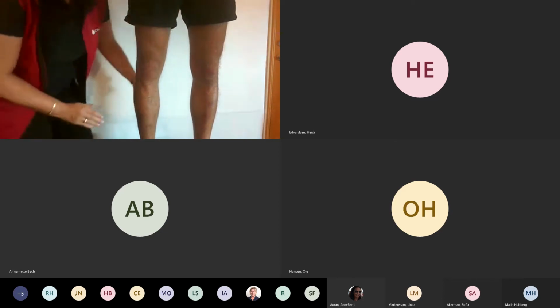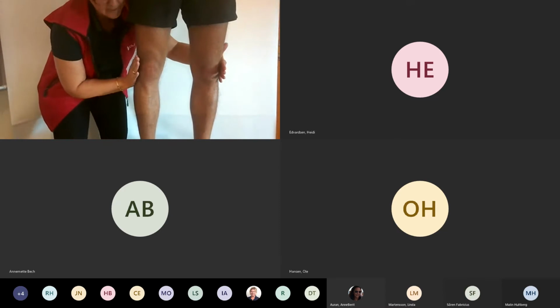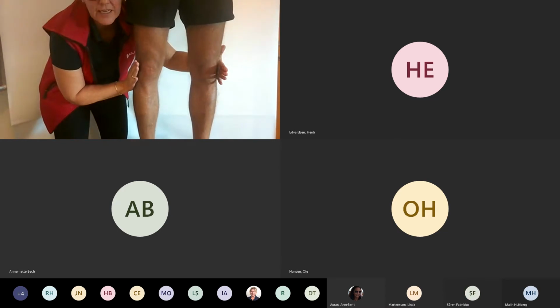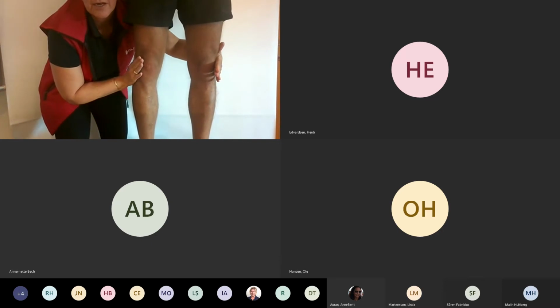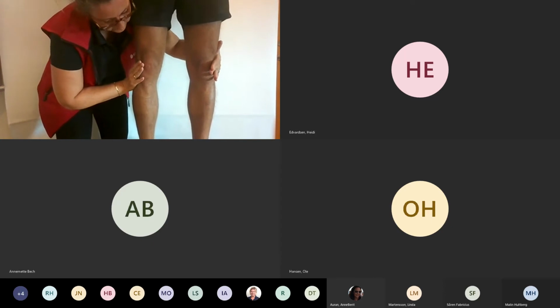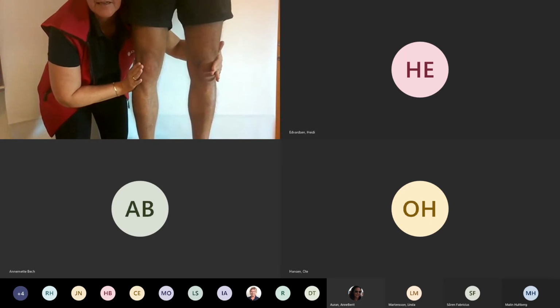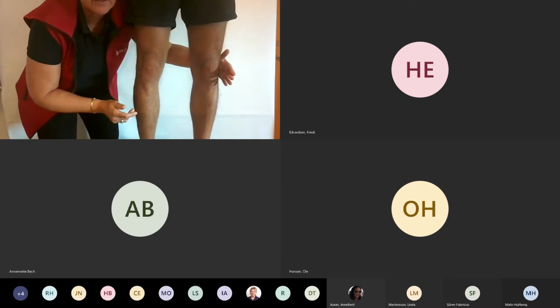Normally you do it from the front, but now I'm doing it from the back: you put your hands on the side of the knee and push here, and you can see that the leg is moving. So in this case, you can put on a brace and have a good result.